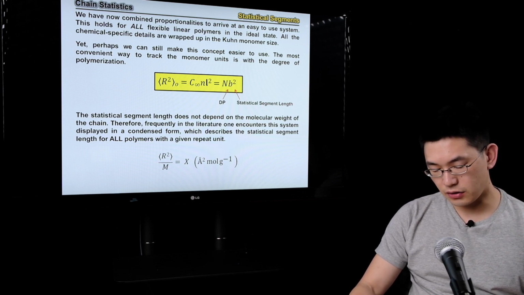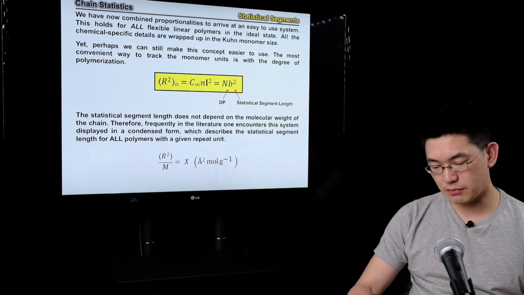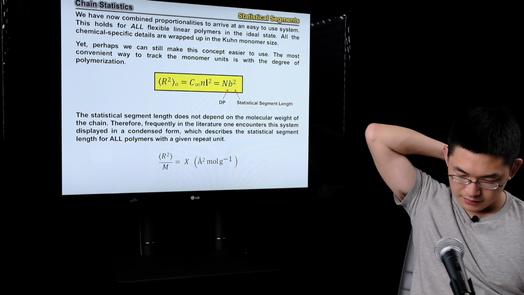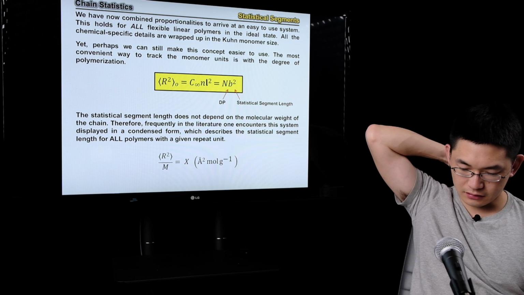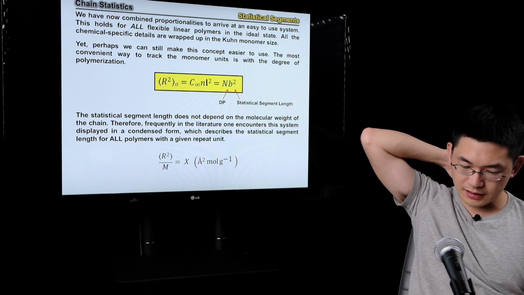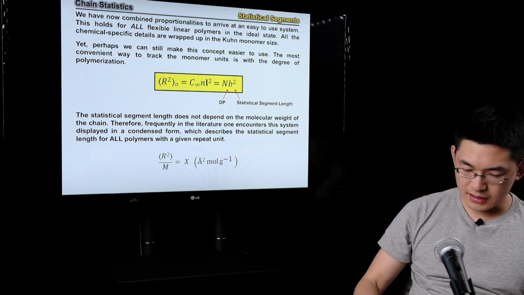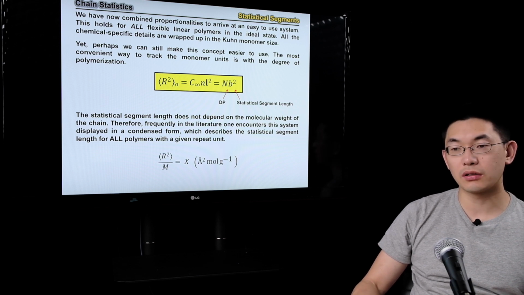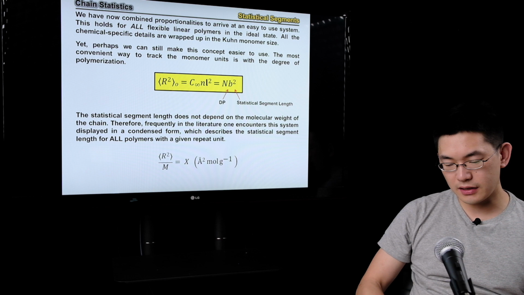And we already talked about the statistical segment model, which is B, and N, I explained, would be the number of bonds along the backbone. Okay, so one of the good things is, as you can see, the statistical segment length will not depend on molecular weight. It isn't like end-to-end distance, where you can compare.